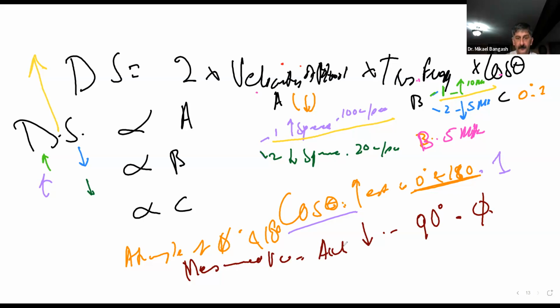Clear? Let me just go to another slide. It says 0 and 180 degrees have a cosine value of 1.